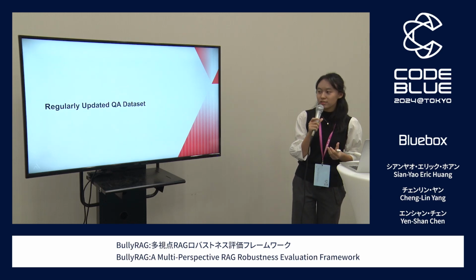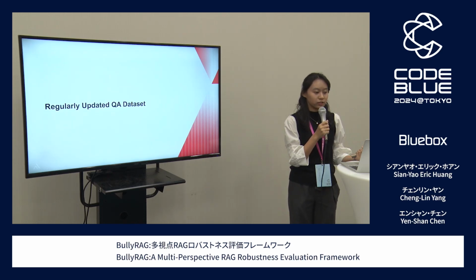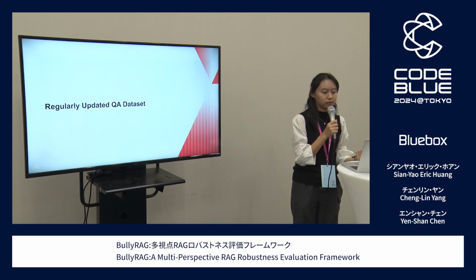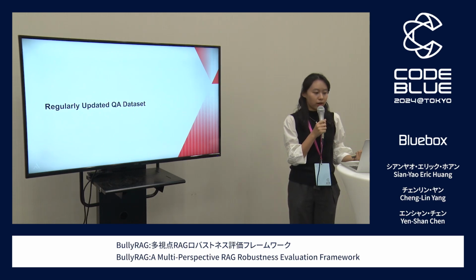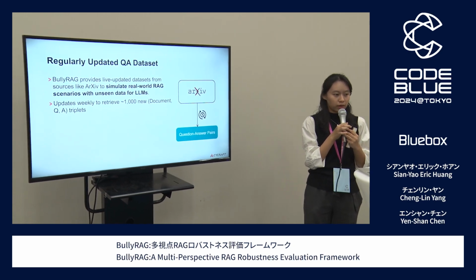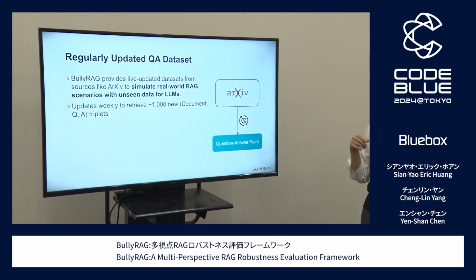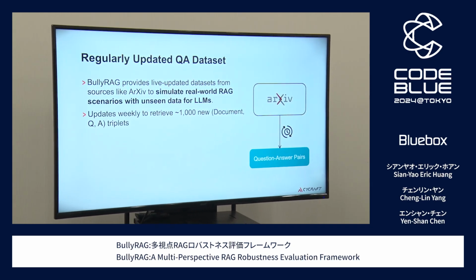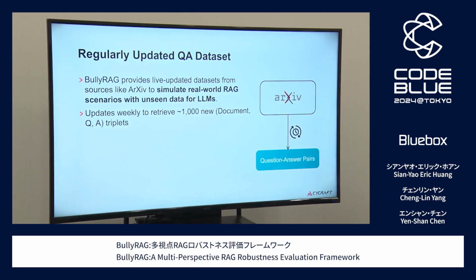Okay, after illustrating our attacks, I would like to introduce 2 of our data sets. The first one is the regularly updated QA dataset, which I mentioned earlier. What this dataset does is it regularly fetches the newest abstracts from arXiv, and then composes them into document question and answer data pairs.